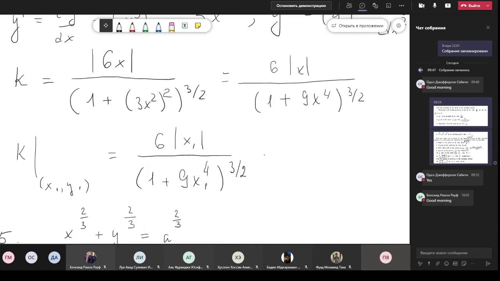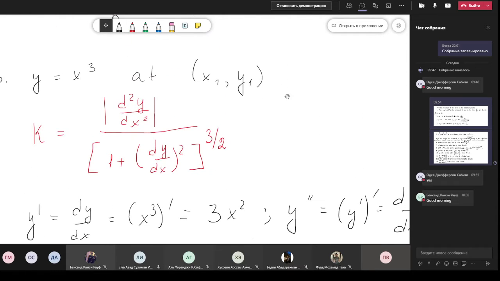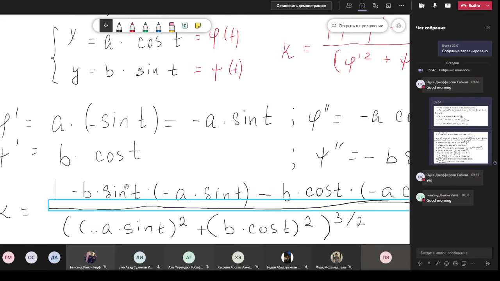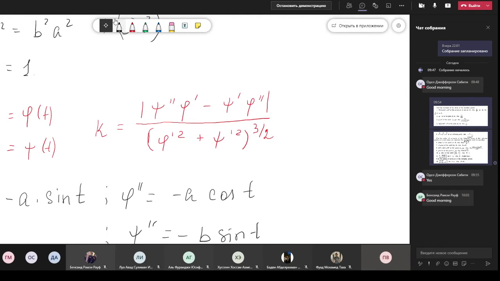And as I showed you, the formula for k in parametric form goes this way.